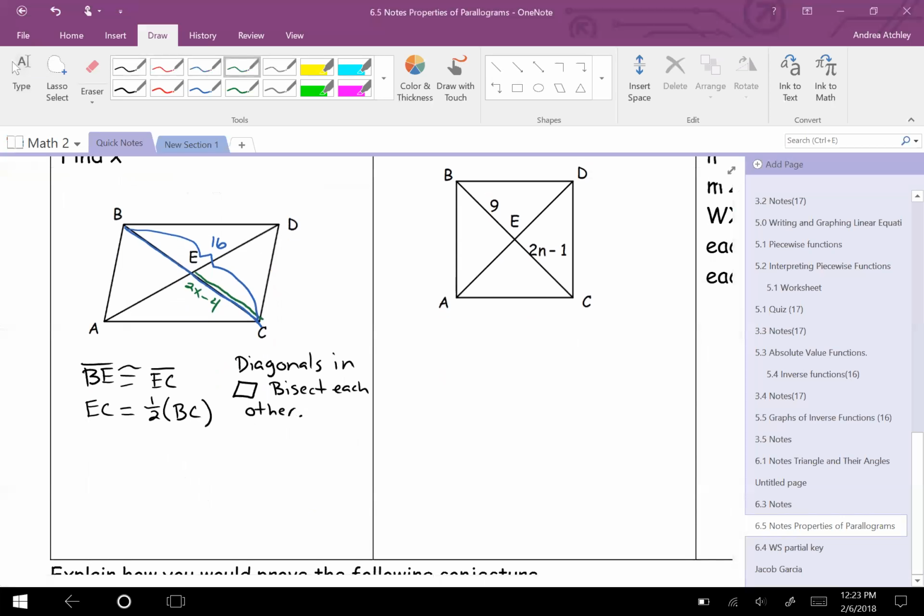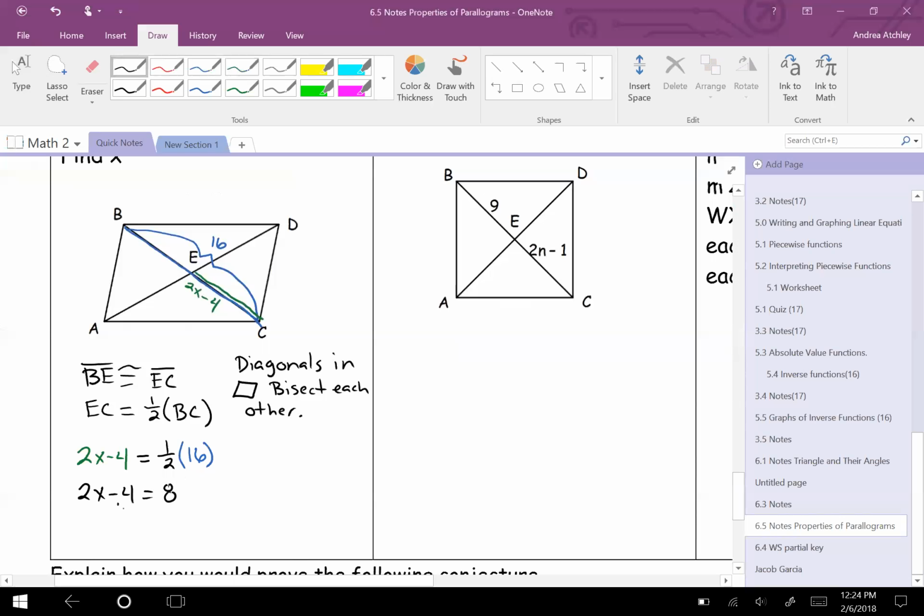So EC is 2x minus 4, and it equals 1/2 of 16. Any questions over that? So we're going to solve 2x minus 4 equals 8.